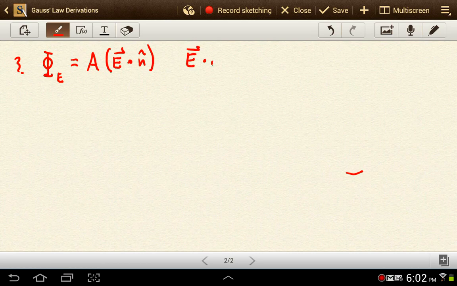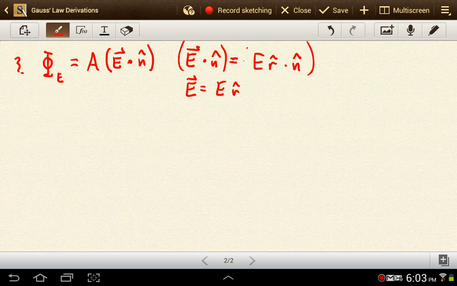Remember, we said the electric field must point outward or inward, so E is equal to E times r hat. So E dot n hat is E r hat dot n hat, and r hat and n hat are the same unit vector. You take a unit vector and dot it with itself, you get 1. So that's just equal to E.